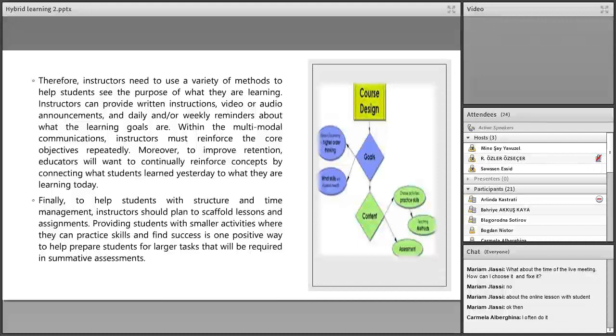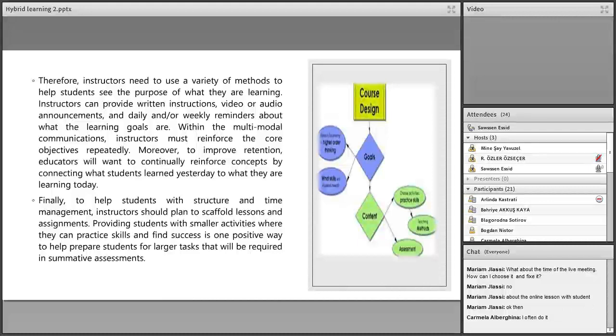So finally, to help students with structure and time management, instructors should plan to scaffold lessons and assignments. Providing students with smaller activities where they can practice skills and find success is one positive way to help prepare students for larger tasks that will be required in summative assessments.